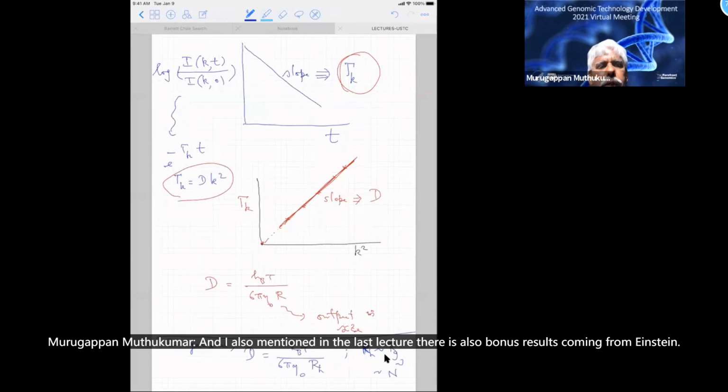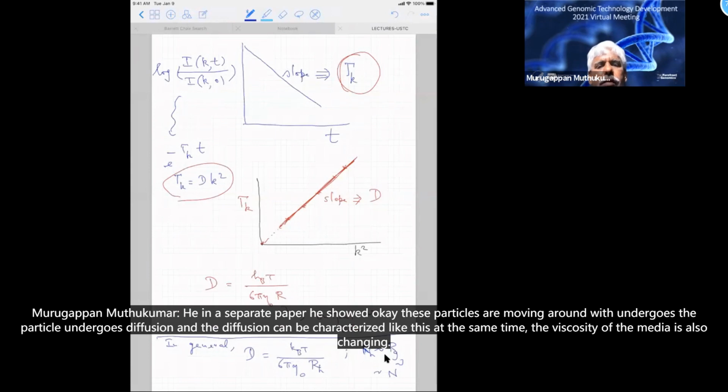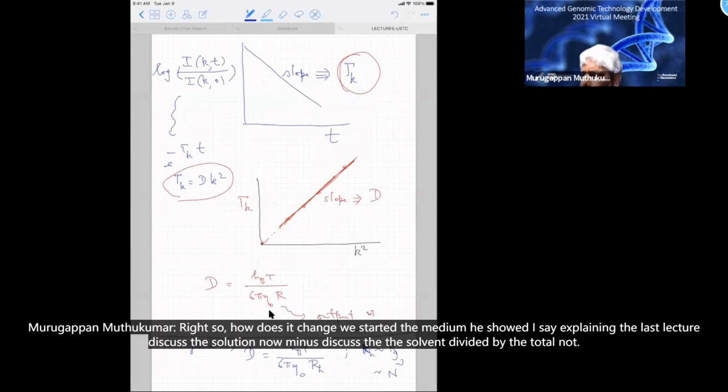And I also mentioned in the last lecture, there is also a bonus result coming from Einstein. In a separate paper, he showed that these particles are moving around, the particle undergoes diffusion, and the diffusion can be characterized like this. At the same time, the viscosity of the medium is also changing. So how does it change?